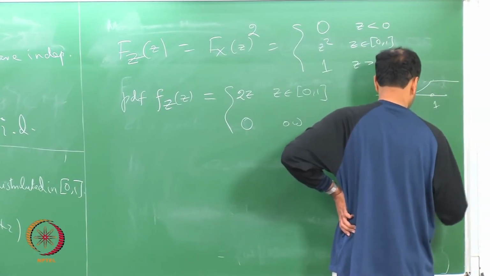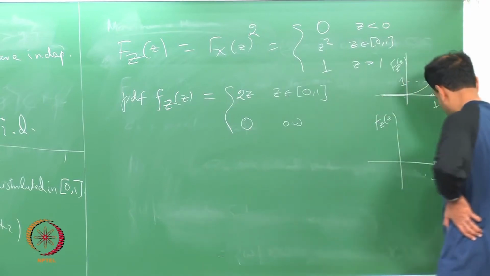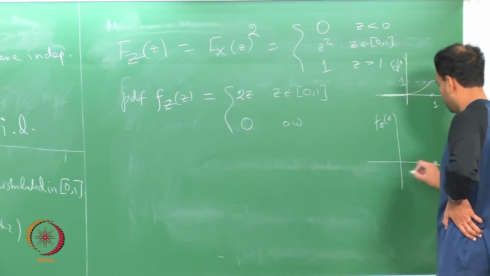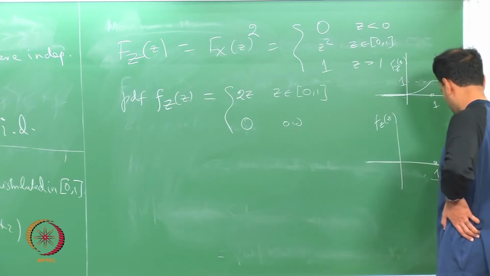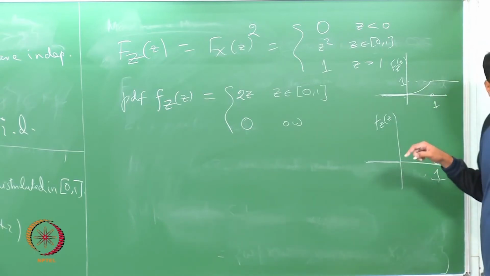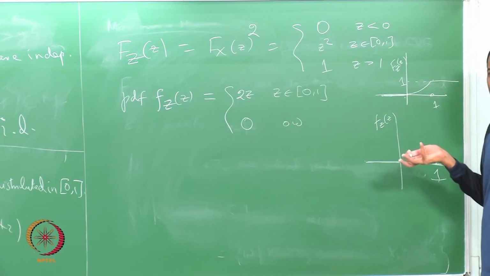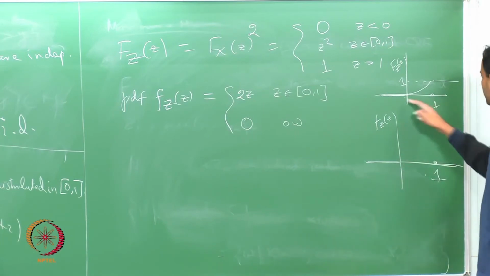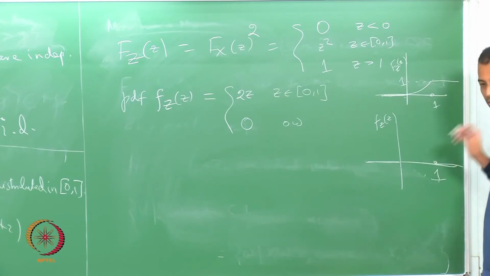So, your little f z will be 0 outside this, here and here. At 0 and 1 there is no derivative, but you can define it as whatever you want, it does not matter, and in between it is equal to 2 z.